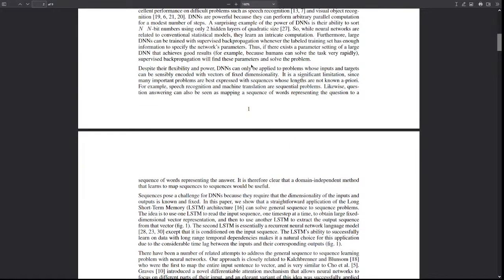Despite their flexibility and power, DNNs can only be applied to problems whose inputs and targets can be sensibly encoded with vectors of fixed dimensionality. It's a significant limitation, since many important problems are best expressed with sequences whose lengths are not known a priori.